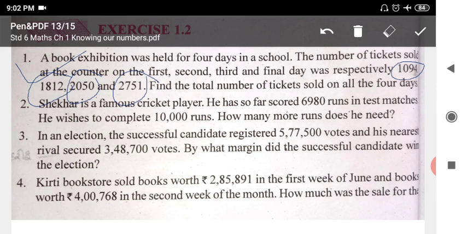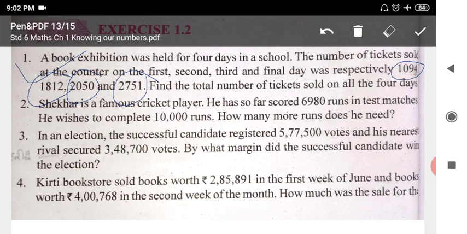So let us once again examine this first question. Okay, a book exhibition was held for 4 days in a school. The number of tickets sold on these 4 days, that is first, second, third and fourth, was 1,094, 1,812, 2,050 and 2,751. So find the total number of tickets sold on all the 4 days.